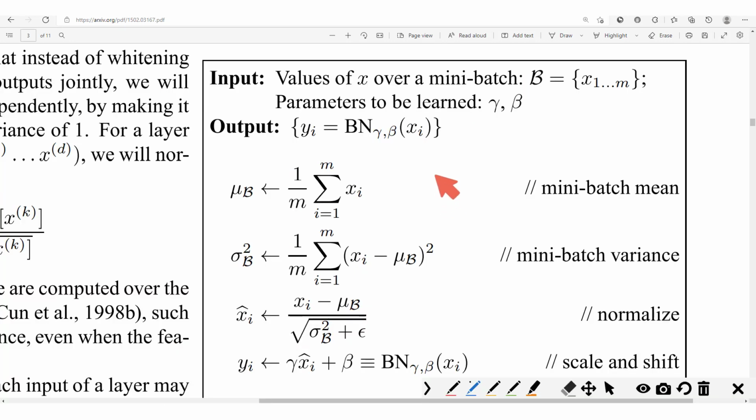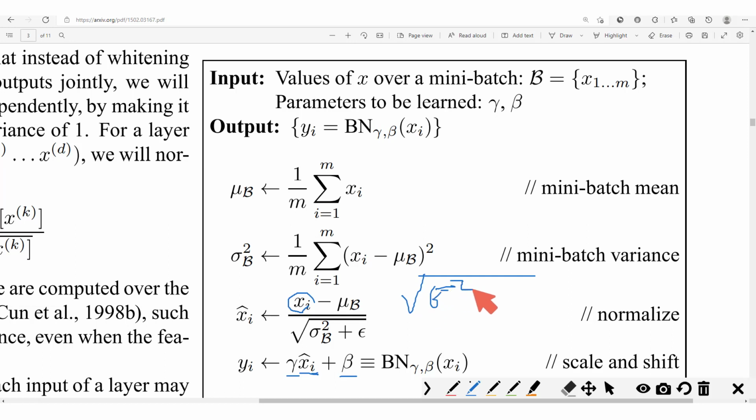So essentially what they're saying here is, if it's instead optimal for us not to use batch normalization, then we could adapt the values of gamma and beta such that we get this original value of x right here. And the way this can be done is quite simple. All we need to do here is multiply this by, let's say, gamma square plus epsilon.